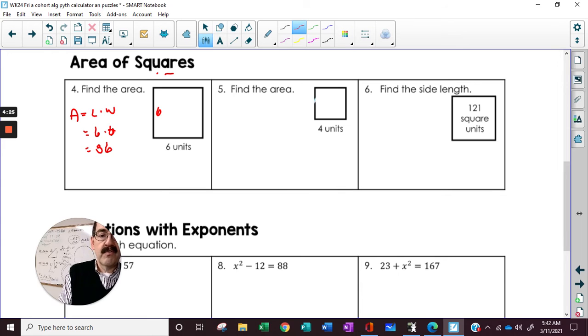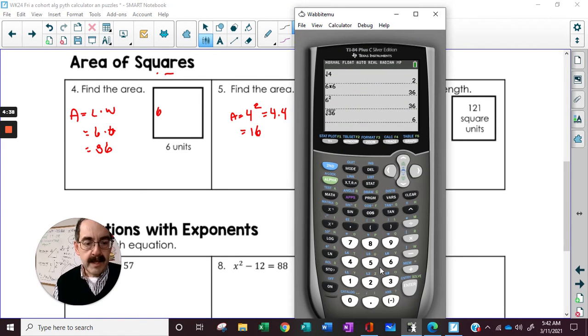Area, 4 to the 2 power, 4 times 4 equals 16. And again, we wanted you to practice using the calculator, especially if it's the online one, so you get used to using these buttons with your mouse. A lot of keystrokes here. 16. The square root of 16 is 4.